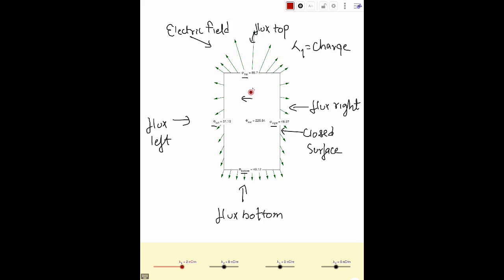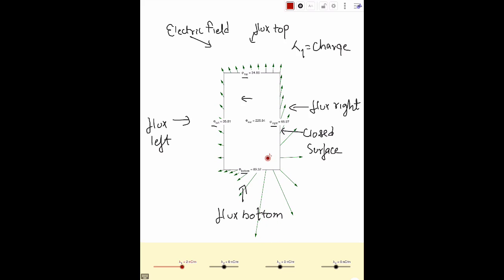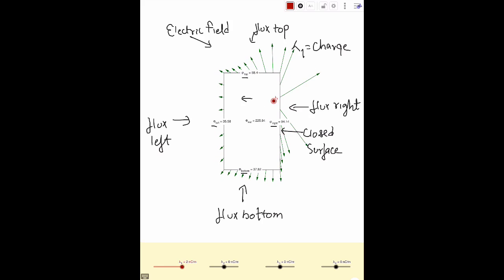As I'm moving it around, what you see is a dance of the electric field on the surface. As I move the charge, the electric field changes. All the points closer to the charge have stronger electric field, and anything further from the charge has weaker electric field. The flux through the various surfaces is constantly changing.